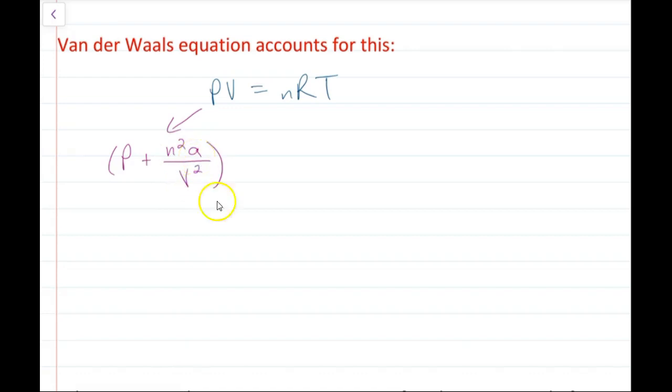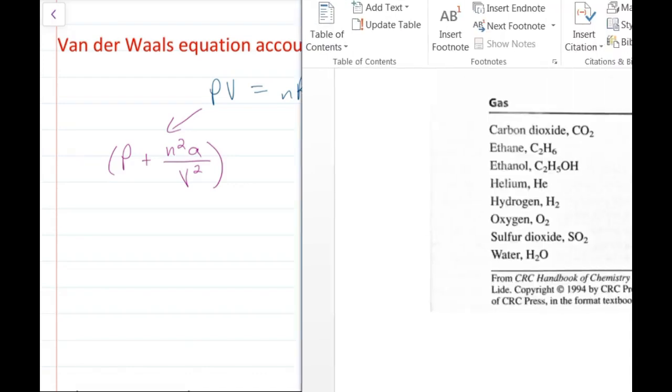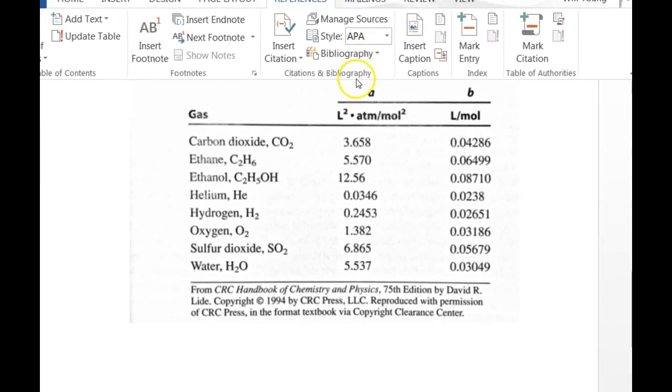A is a constant. And if you look at the back of the half sheet that you got in class, I've got a handful of gas molecules and atoms here so that you can see what the a values are. The a values are really high for things that have strong hydrogen bonding, like ethanol and water.